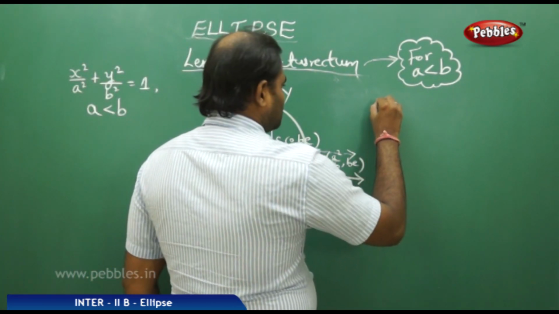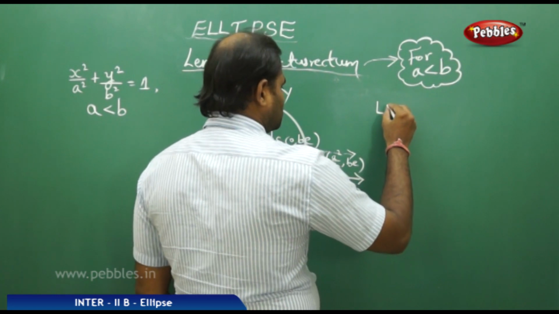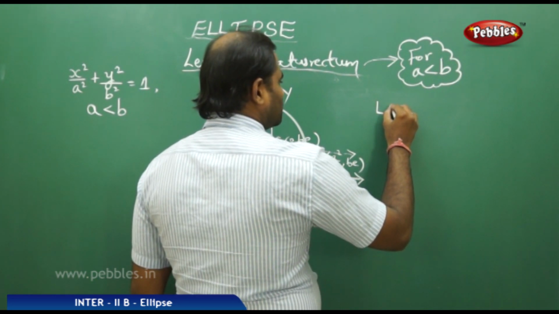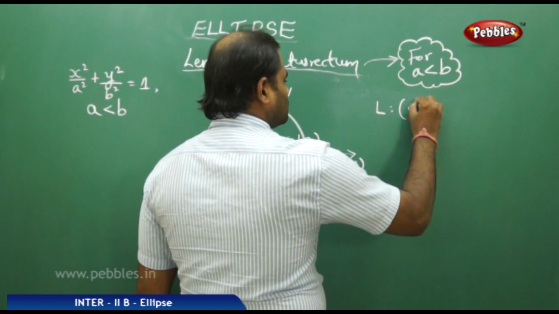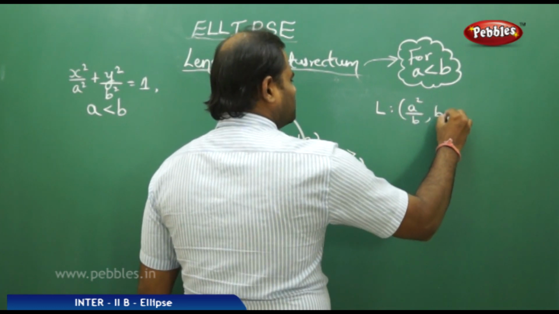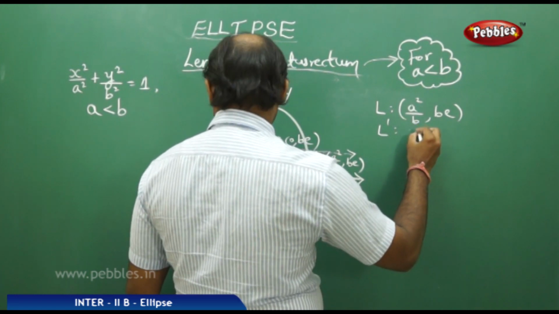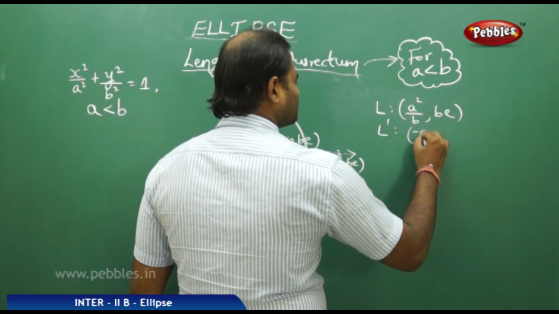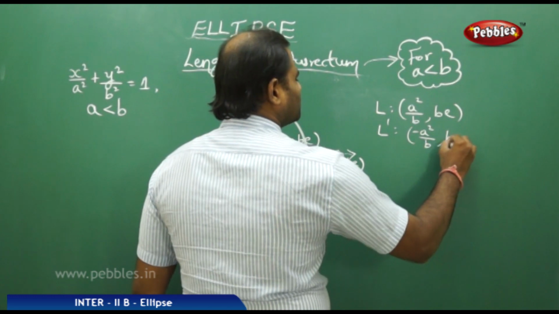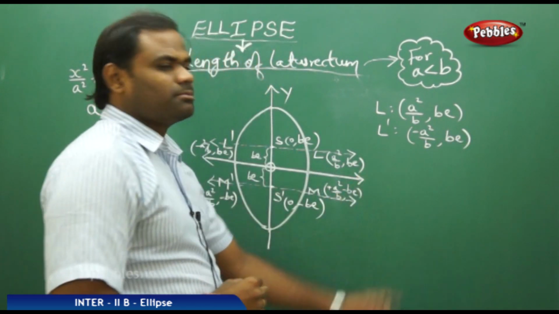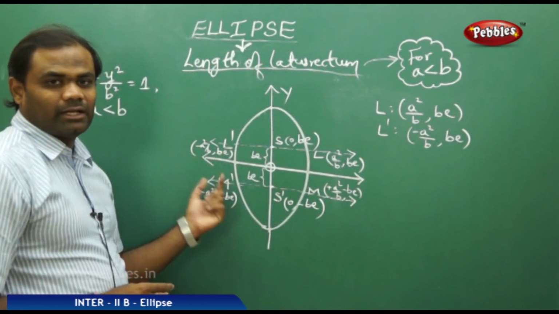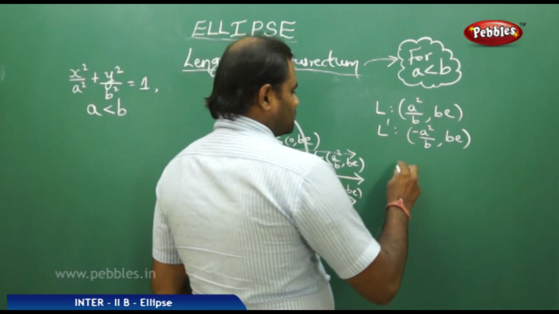So I have L given by (a square by b, BE) and L dash, which is (minus a square by b, BE), which are the extremities of the first latus rectum LL dash.